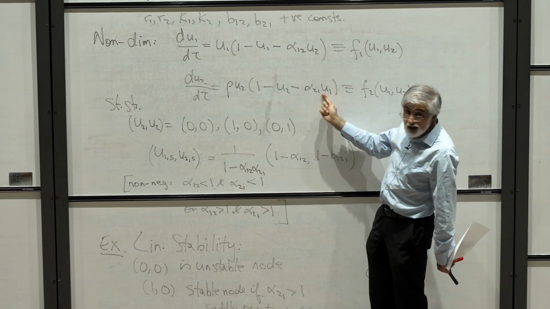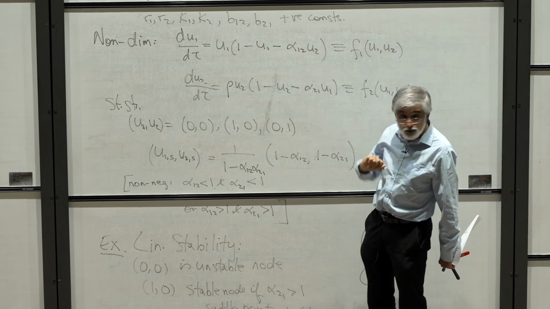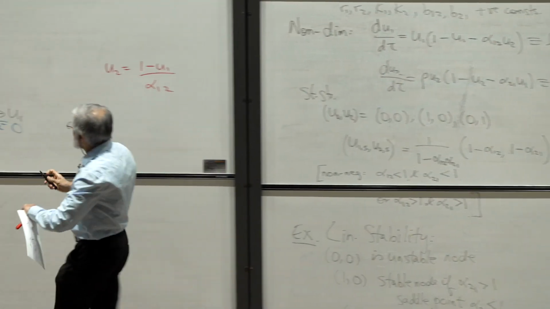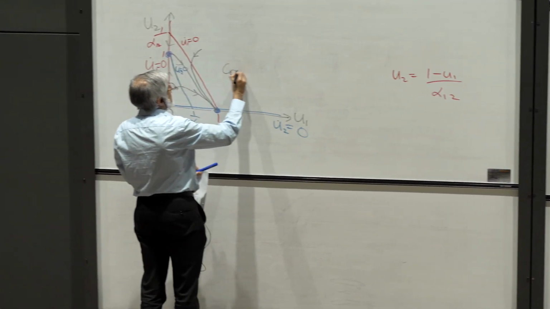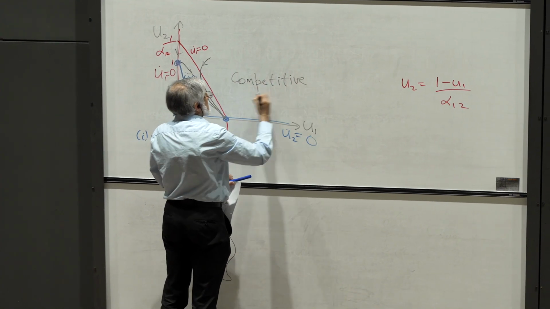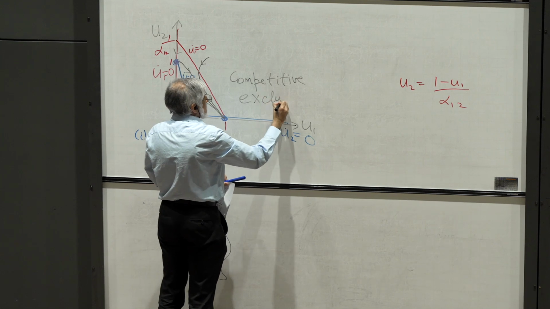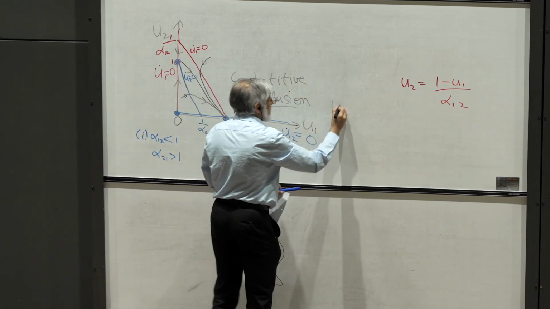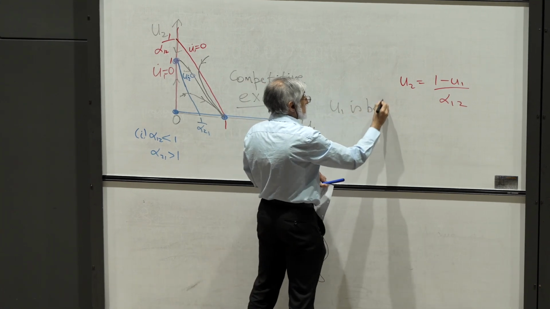So U1 is a better competitor and U1 wins out. And this is called competitive exclusion. U1 is a better competitor.